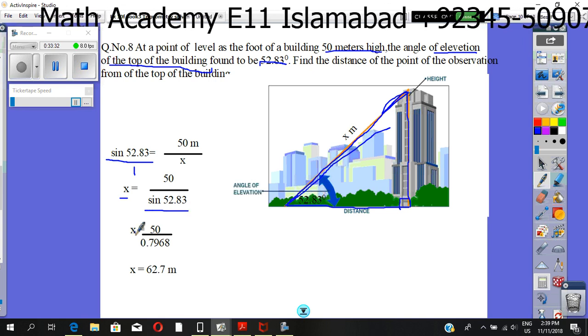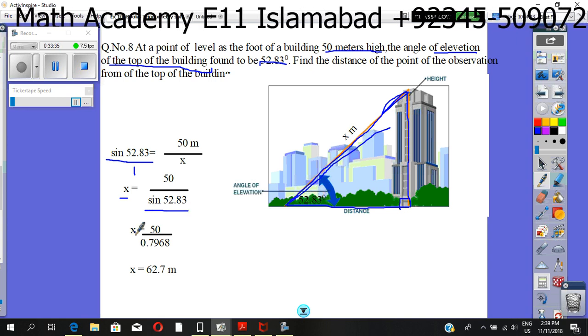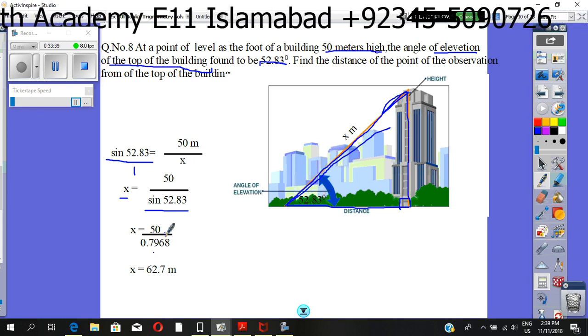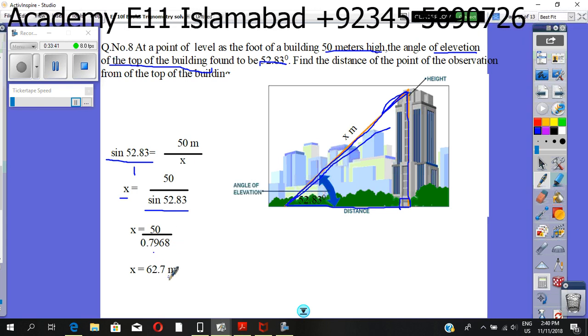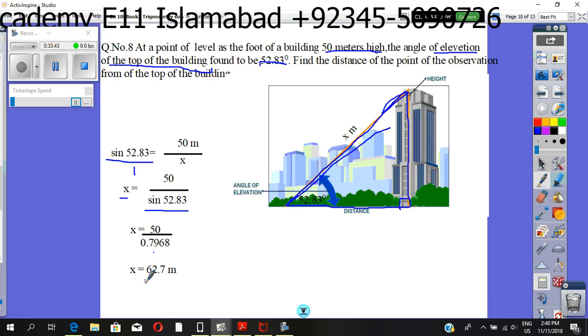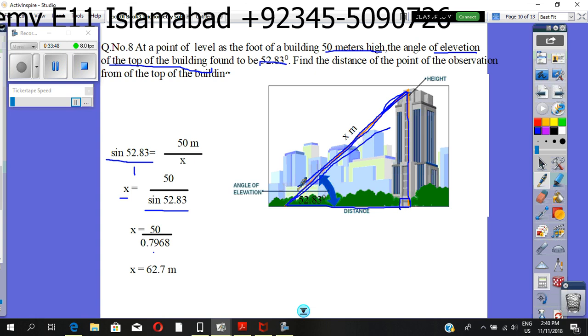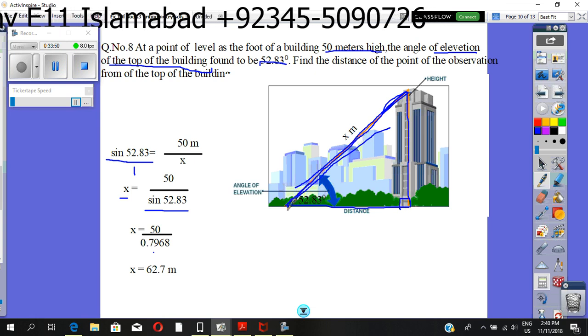If we find sine 52.83, it gives us 0.7968, and when we divide it, x is 62.7, which is the height we're supposed to find.